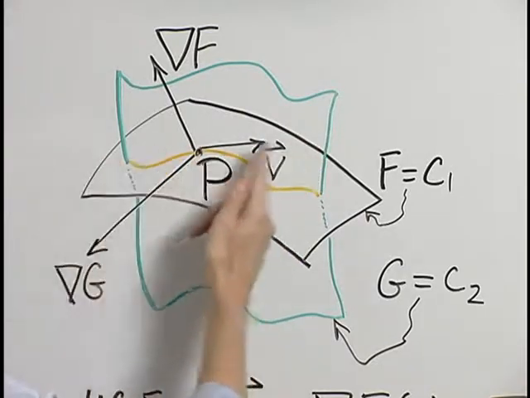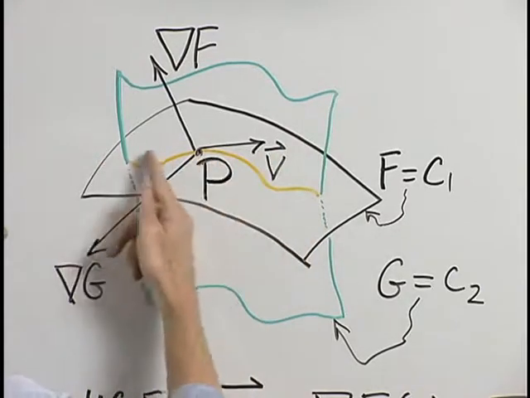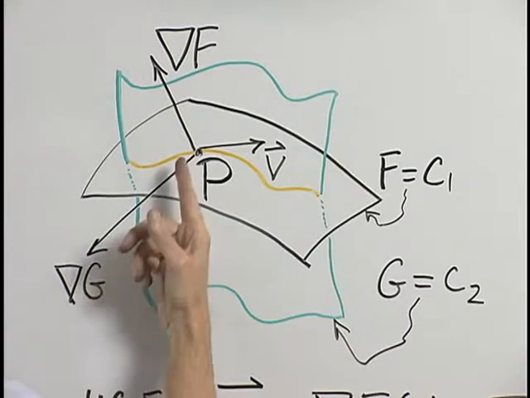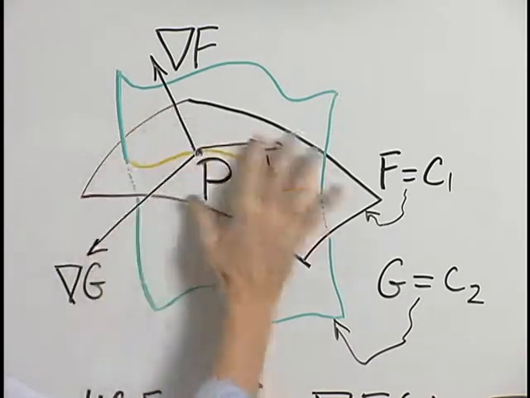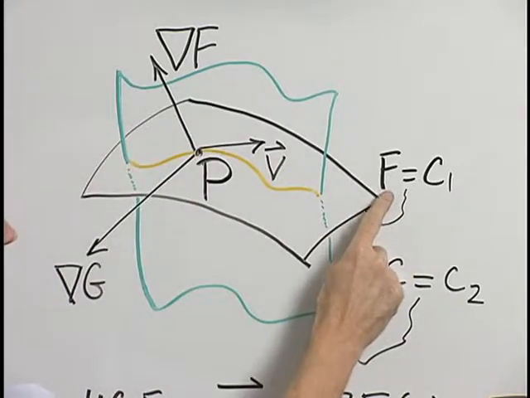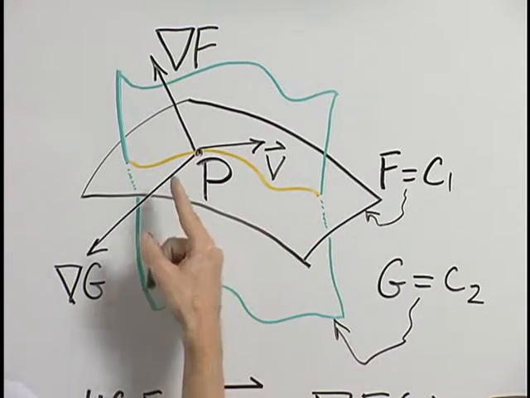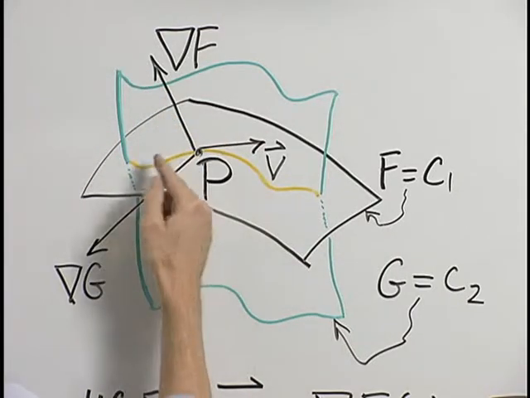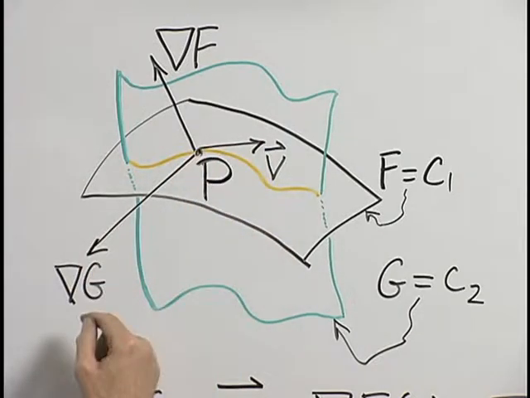And here at a particular point, what we want to find is the tangent line to that yellow intersection curve. So what we need to find in order to do it is a vector tangent to that curve. Well, one thing to notice is that since that curve lies in the surface indicated in black, which is capital F equals some constant C1, the gradient of F being perpendicular to the surface at that point is also perpendicular to the curve and therefore to its tangent vector.